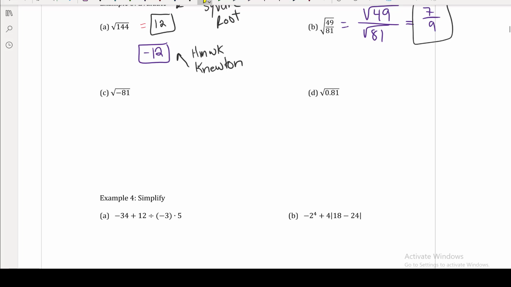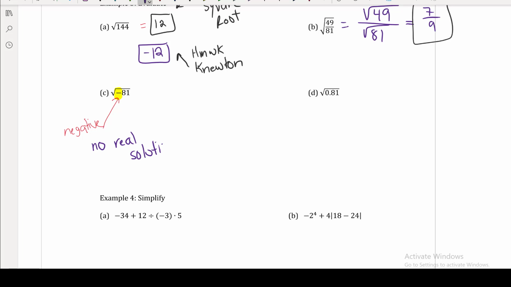And now, because this is negative, well, if you try to put it in your calculator, it'll say error, because you can't square a number to get a negative value. We haven't talked about imaginary numbers yet. So we're going to say no real solution.